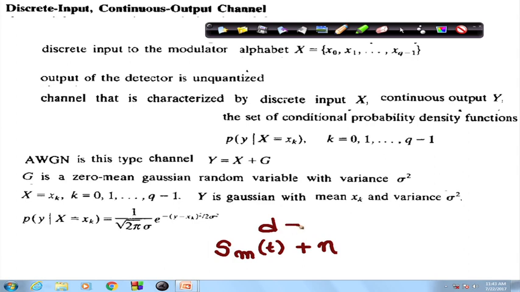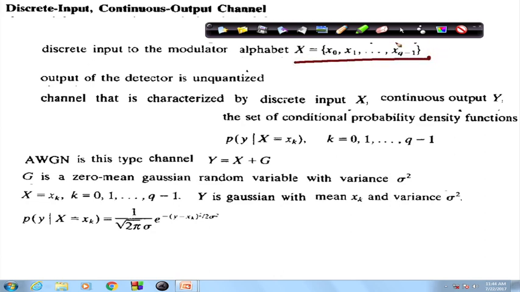So, when a discrete value gets added to noise, which is a continuous valued signal, we have the situation of discrete input, continuous output. This kind of channel is very easily characterized by the modulator alphabet x, that means, the discrete symbols, and the output of the detector is unquantized. So, that is what we have.